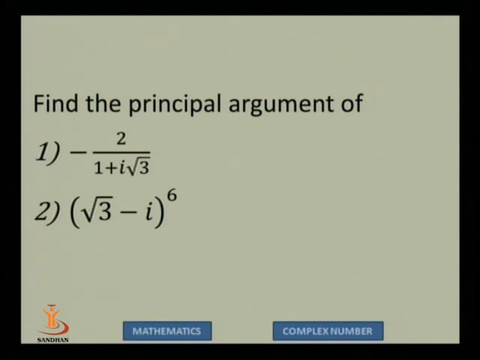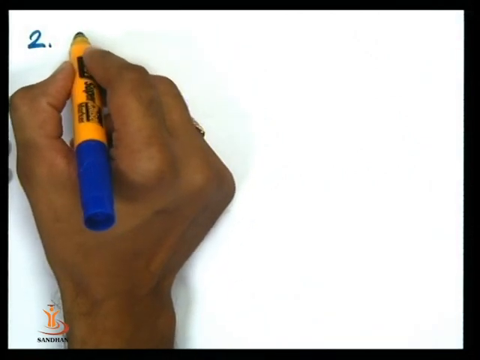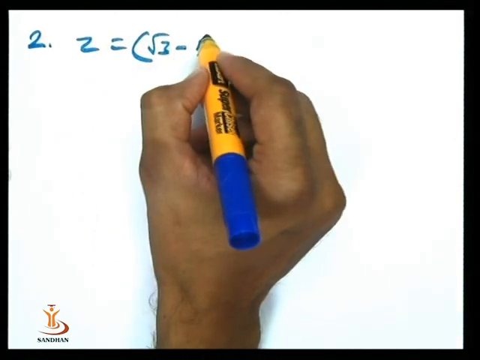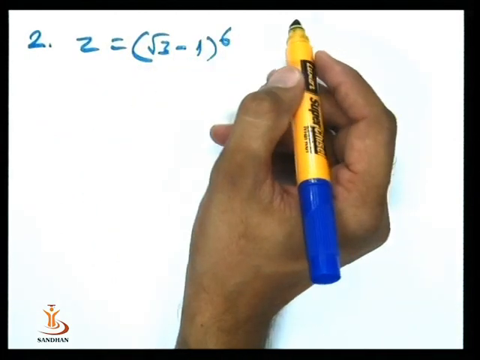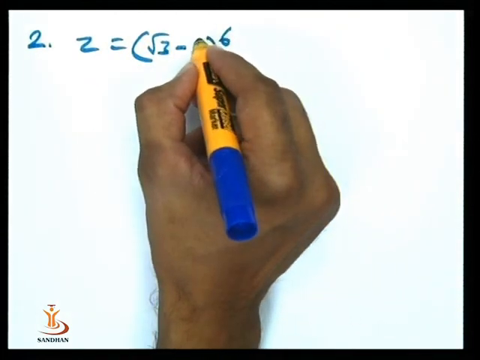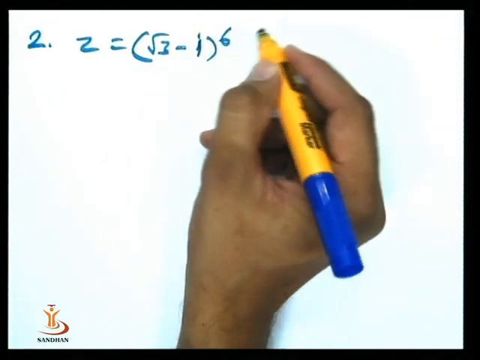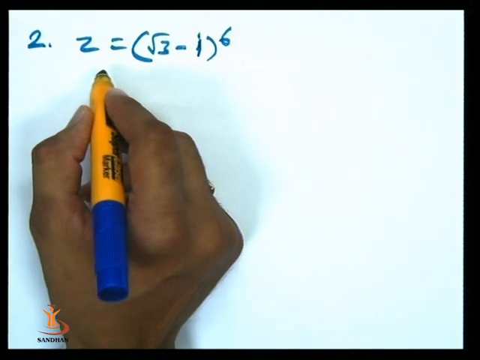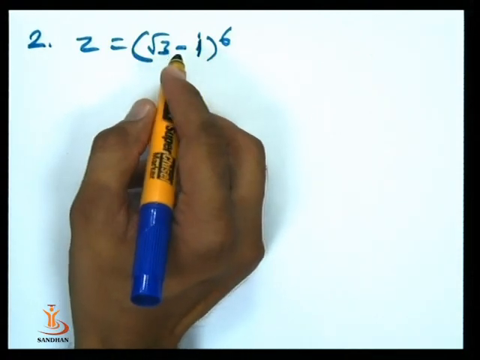So see, suppose we consider this complex number z equal to root 3 minus i raised to 6. Suppose we want to obtain the modulus of this complex number as well as its principal argument.